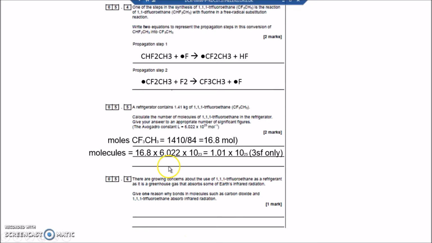There are growing concerns about 1,1,1-trifluoroethane as a refrigerant. Give one reason why the bonds in molecules such as carbon dioxide absorb infrared radiation. Well, the reason is that bonds absorb infrared radiation because they vibrate, stretch or bend.